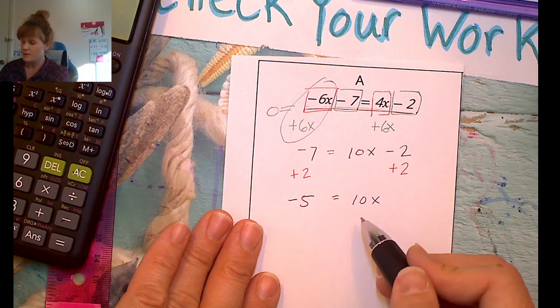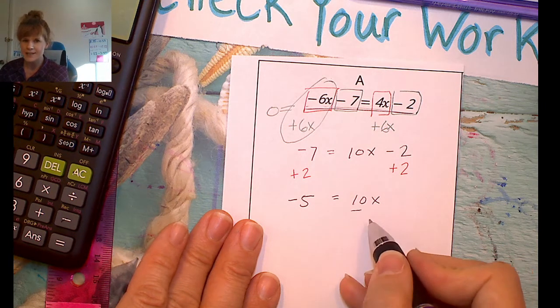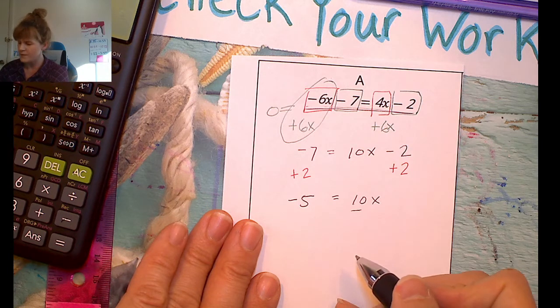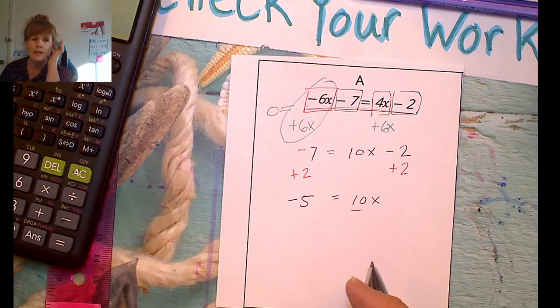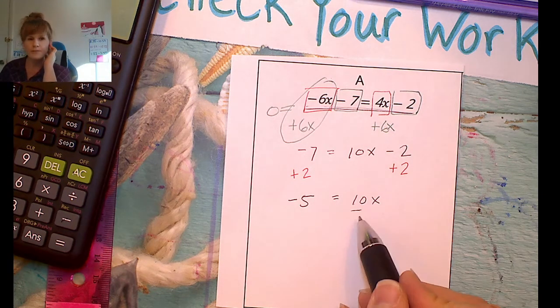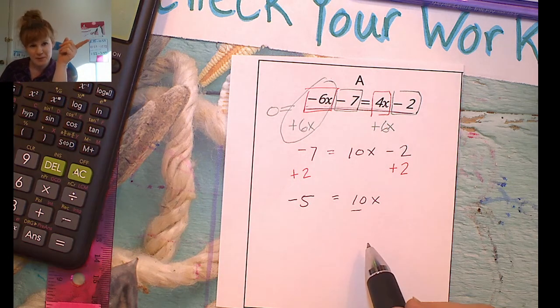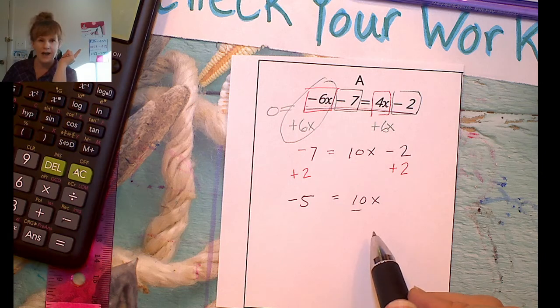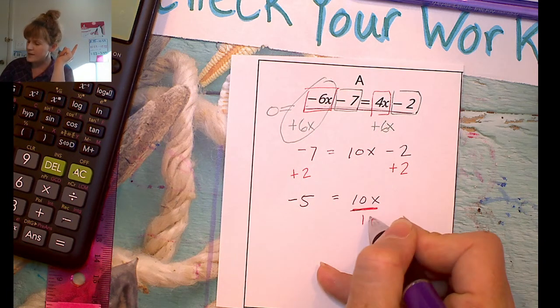Isolate the variable. So this 10x is the problem. We need to isolate x and get that 10 away from it. Remember what I taught you in the previous video? If you want to solve for an unknown that's being multiplied by a number, then you need to divide by that number. So I'm going to divide by 10.